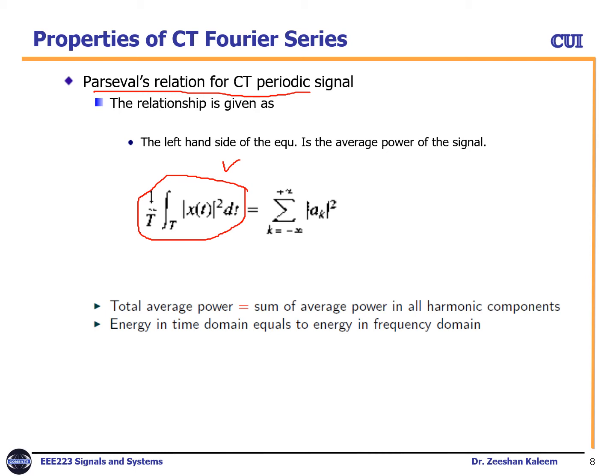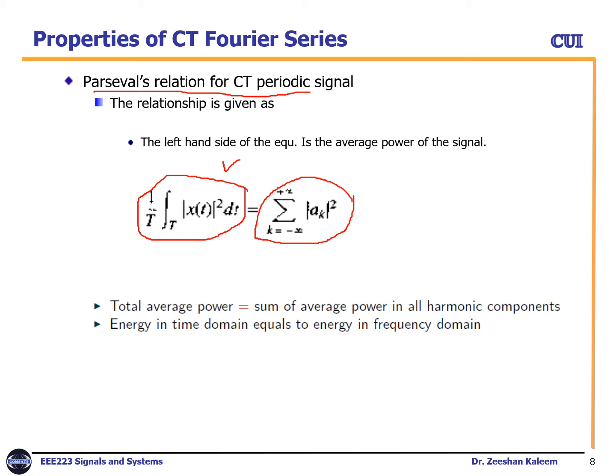Parseval says that in the frequency domain, because the Fourier series gives us the signal in the frequency domain, you can also find the average power. The average power in the time domain is equivalent to the sum of the squared magnitudes of the Fourier series coefficients.